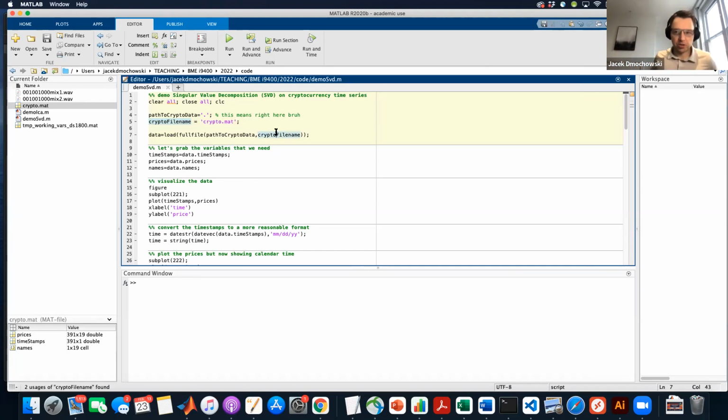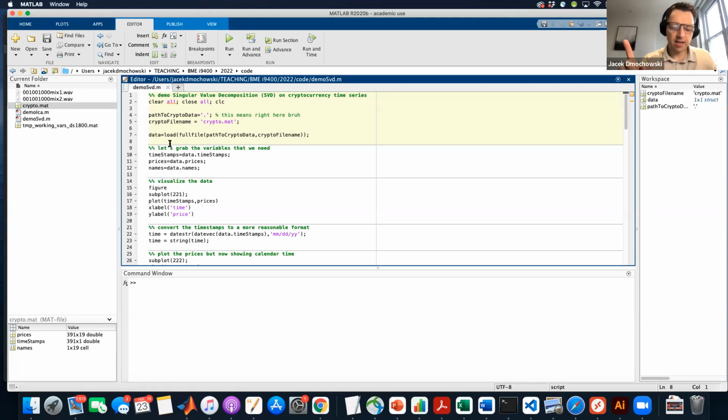What I'm going to do is execute the script one cell at a time. In MATLAB, the double percent signs delineate cells. A cell is a bunch of code that has a logical grouping, and I'm going to execute one cell at a time. I'm on a Mac, so I press Command Enter.